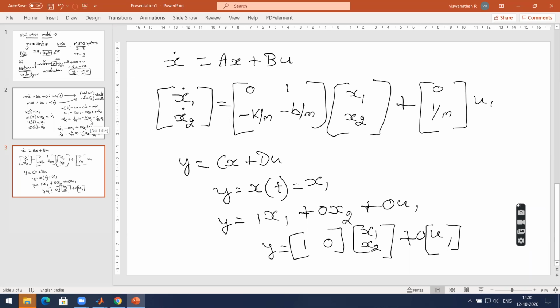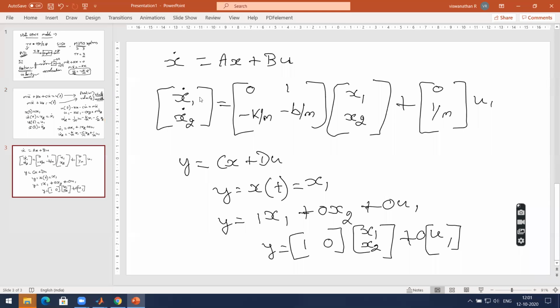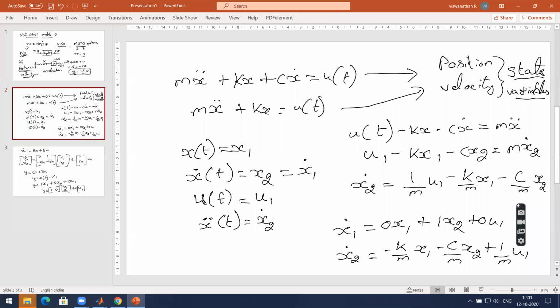We arrived at this by deciding the state variables. If you see here, it is only the position and the velocity that you are going to find out; you are not going to find out acceleration. The state variables are the minimum number of variables required to completely define the system behavior.